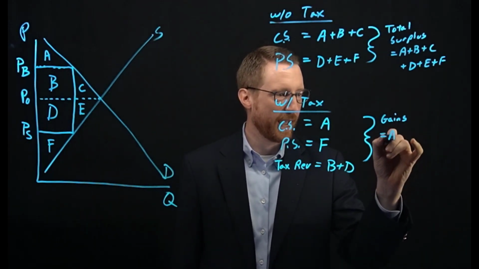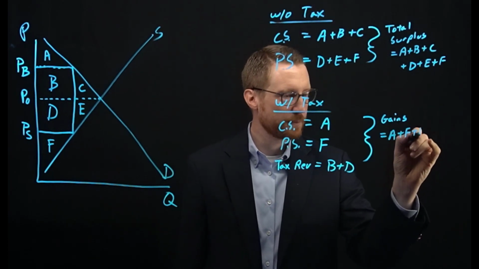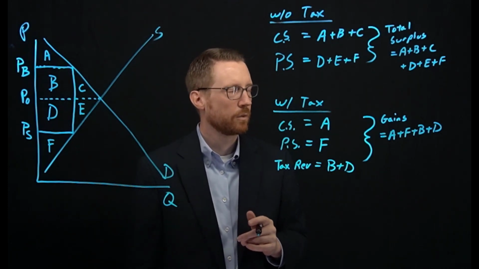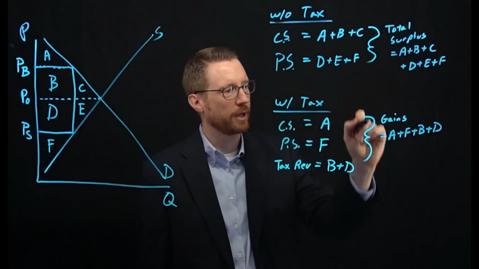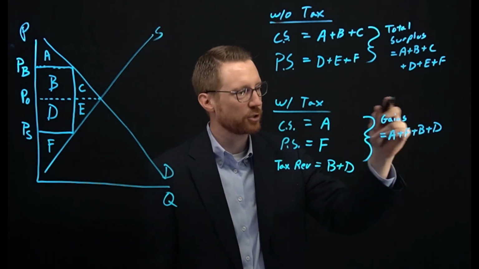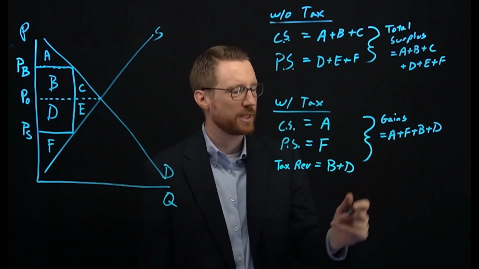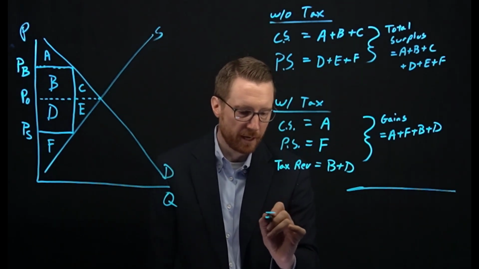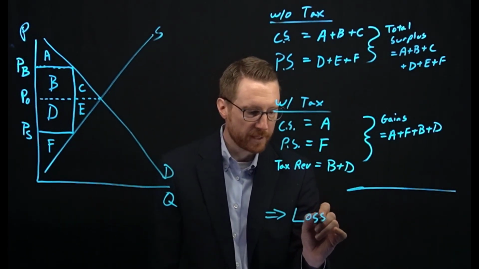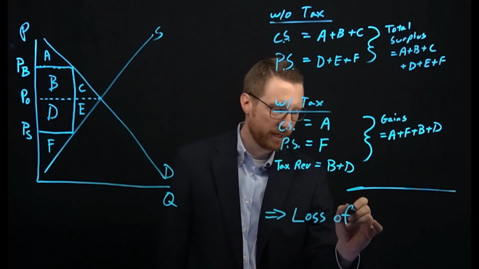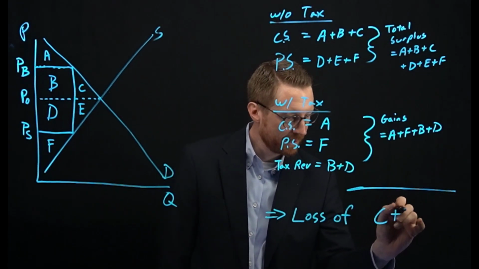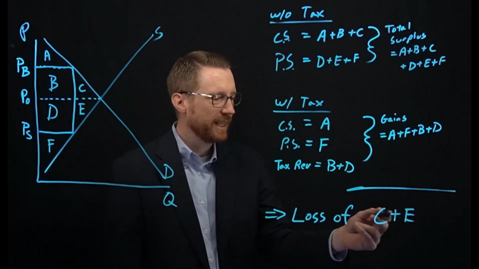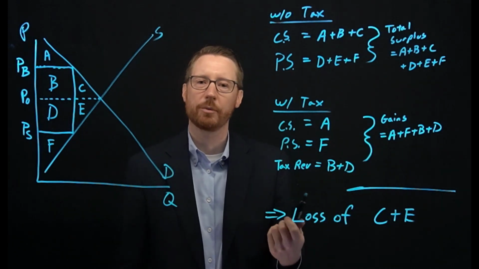Well, it works out to be A plus F plus B plus D. Wait, so if we take total surplus and we compare it to that surplus or the gains from trade with the tax in place, what happened? Well, we ended up with a loss of areas C and E.